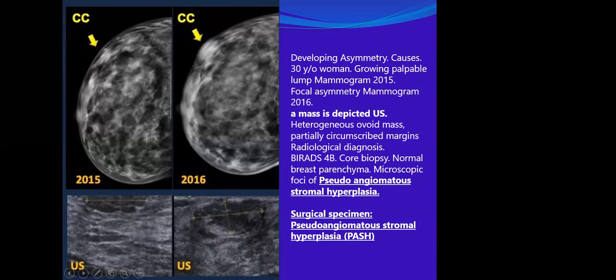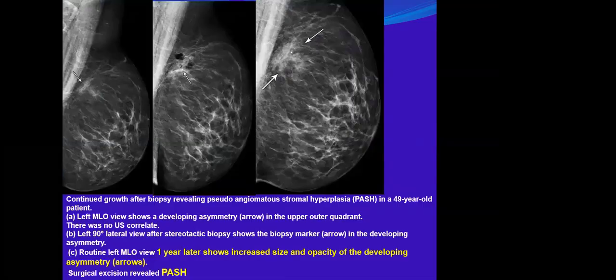The core biopsy was reported as BI-RADS 4B and revealed pseudoangiomatous stromal hyperplasia, but because it was increasing in size, surgical removal was done, which still demonstrated pseudoangiomatous stromal hyperplasia. However, even if the appearance might give the impression that it is benign, biopsy is indicated since it is a developing asymmetry.